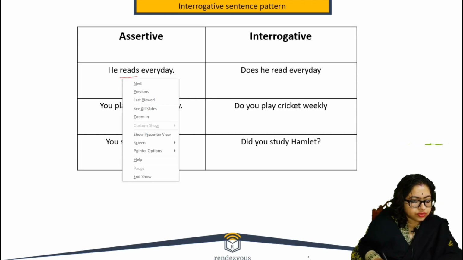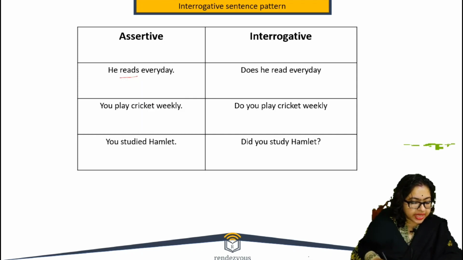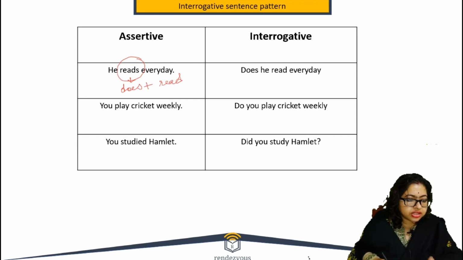I have to make it clear here that reads, the verb here, is actually does plus read, because he is third person singular, and with third person singular we have the auxiliary verb does before the main verb, and the rule is I have to shift this auxiliary verb before the subject.